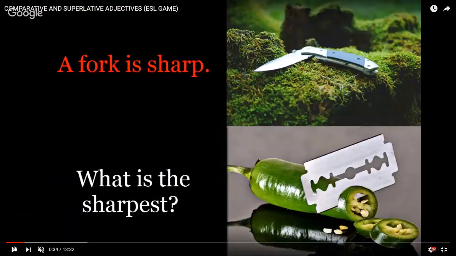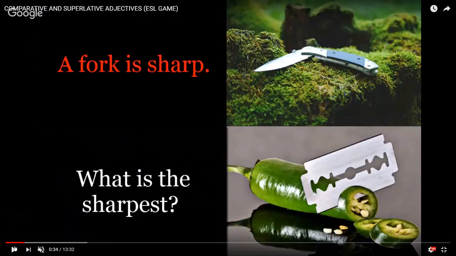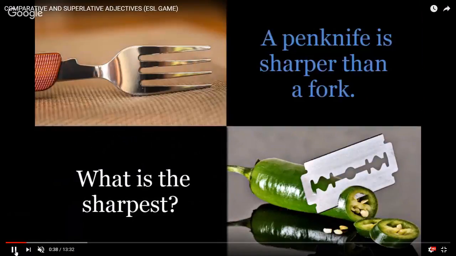Yes, the basic adjective, the normal adjective. Now, if we go to the comparative form, for example, the fork with the knife, the comparative form will be: a penknife is sharper than a fork. Yes, it will be the comparative, comparing the knife with the fork. Good?